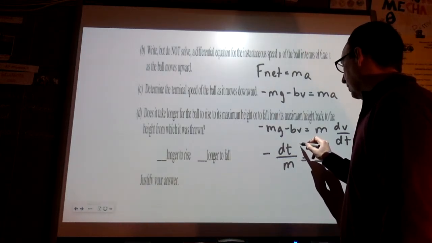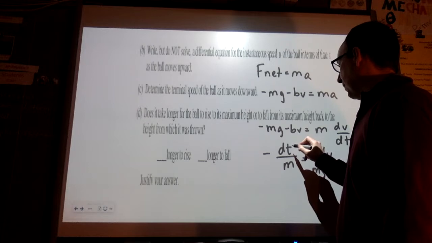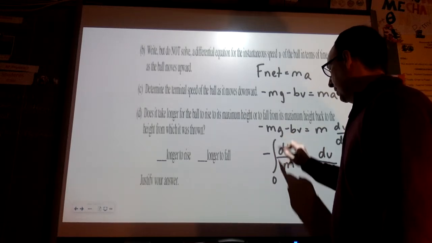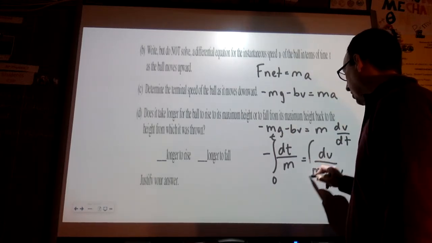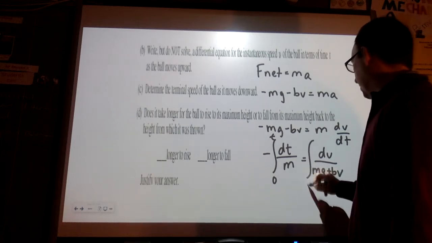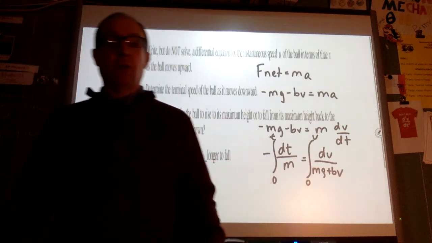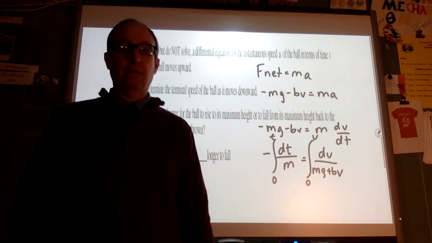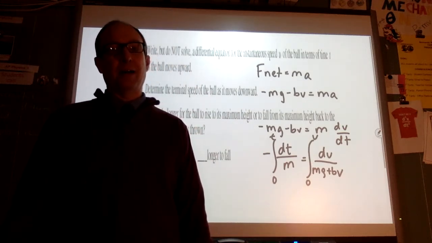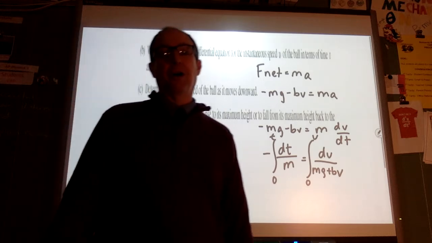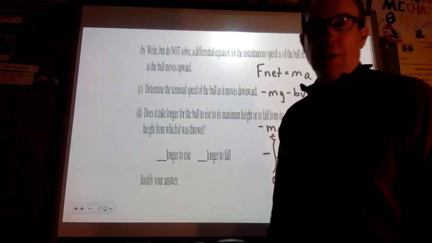And I will integrate this from 0 to t, and I'll integrate this from 0 to v. So sometimes they'll just want you to set it up. Sometimes they want you to solve it. Again, it's a time thing, because as we're going to see, the actual solving gets a little cumbersome, which we'll be going over in the next couple slides.